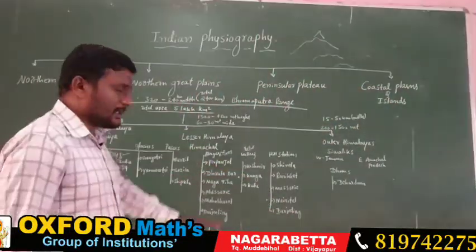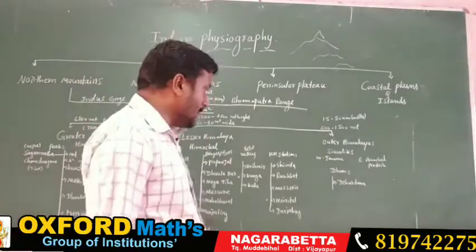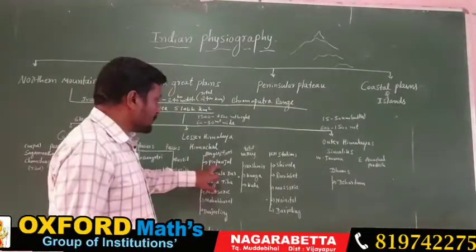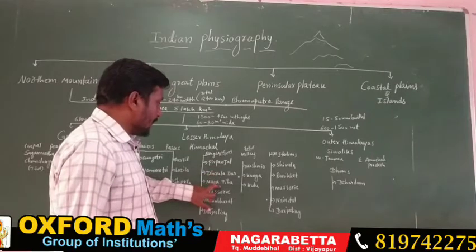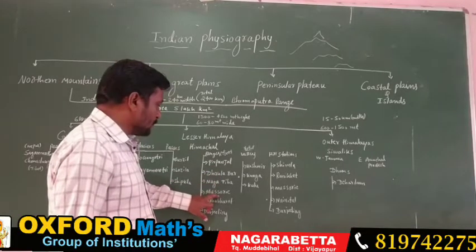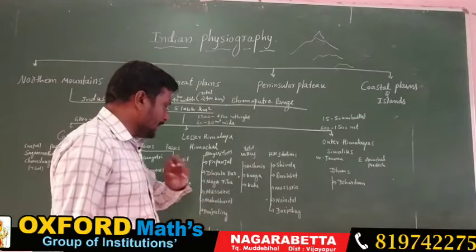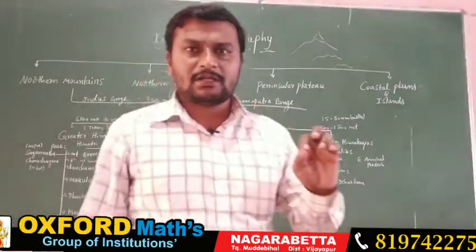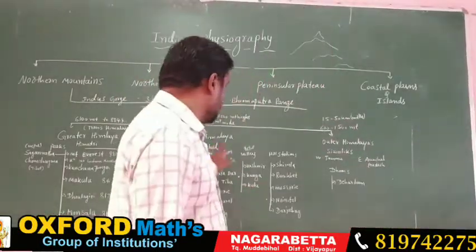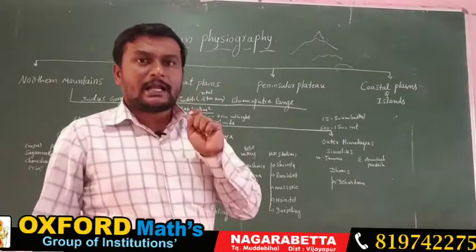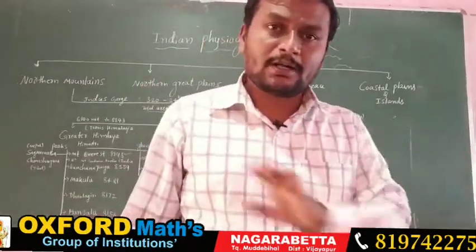Some important ranges you can see in the Lesser Himalaya are Pir Panjal, Dhauladhar, Nanda Devi, Mussoorie, Mahabharat and Darjeeling. These are the very important ranges in the Lesser Himalaya or Himachal.